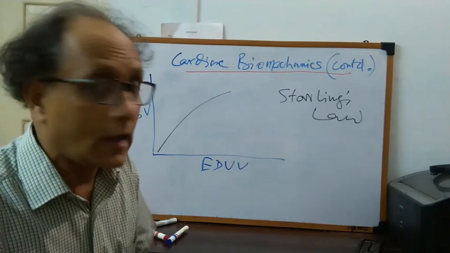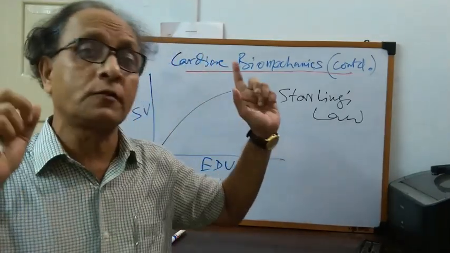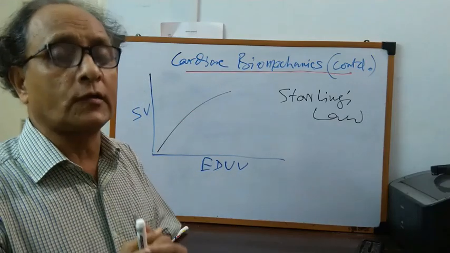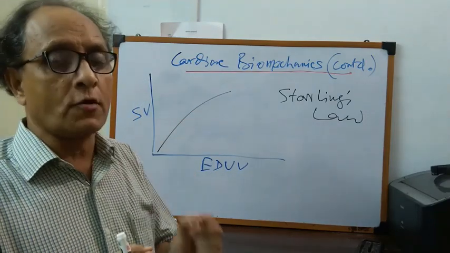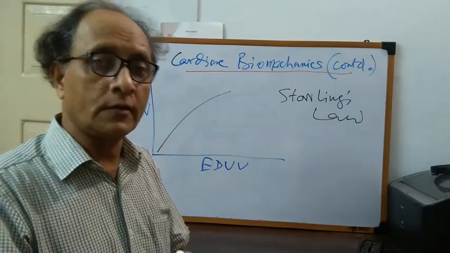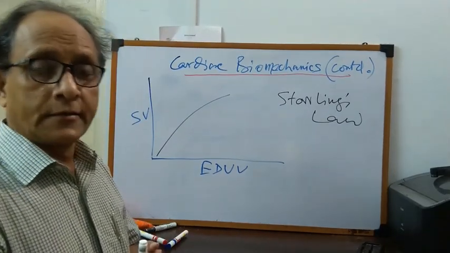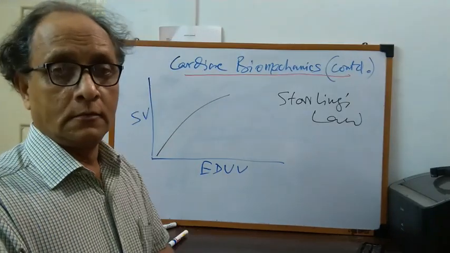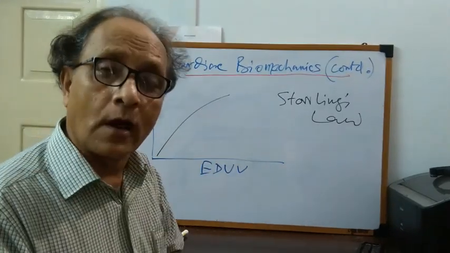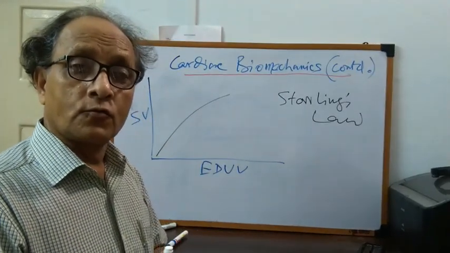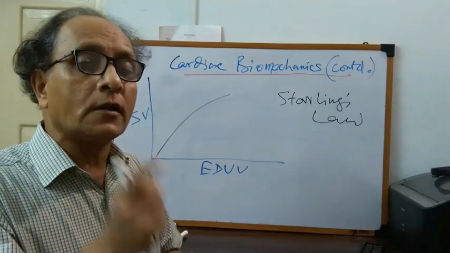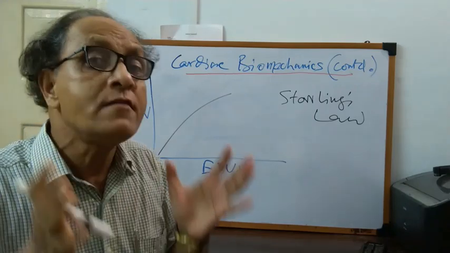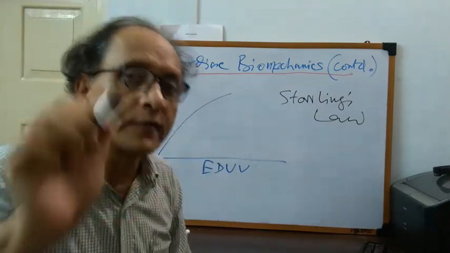What is the law? As it is said to be a law, there must be a statement. The statement of Starling's law of heart runs like this: the energy of contraction is directly proportional to the resting length of the cardiac muscle fiber within physiological limit. Please note it down.